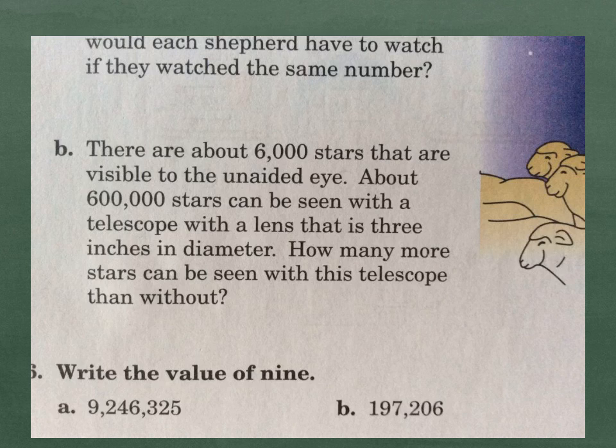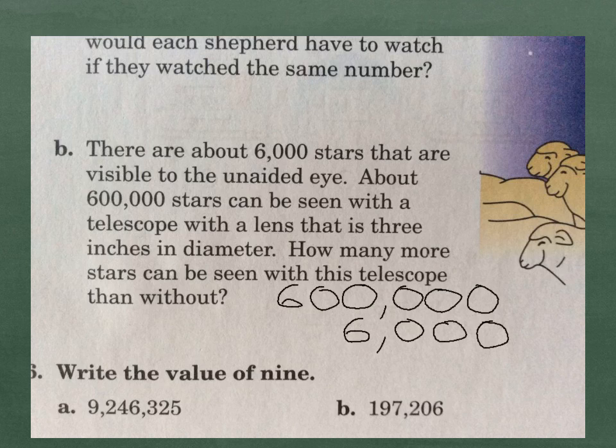How many more stars can be seen with this telescope than without? So to solve this one, you need to take your bigger number. This is how many can be seen with a telescope. And subtract the number that can be seen without a telescope. And that's going to give you your answer.